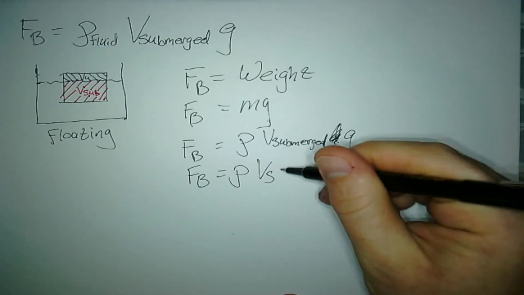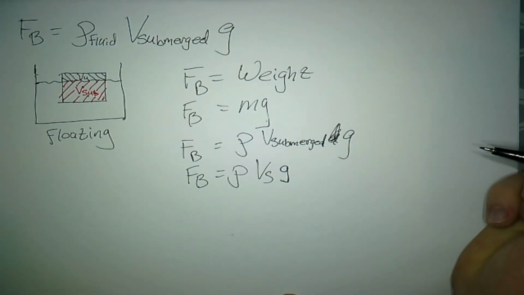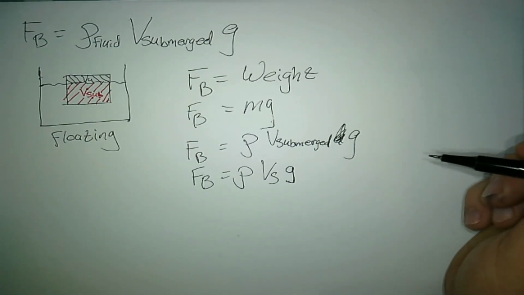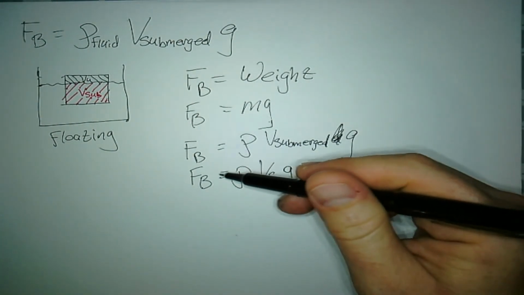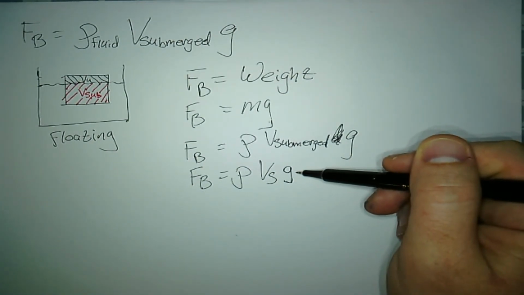All right, so finishing. Times g. So what I'm saying is the buoyant force is equal to the density times the volume submerged times the acceleration due to gravity.